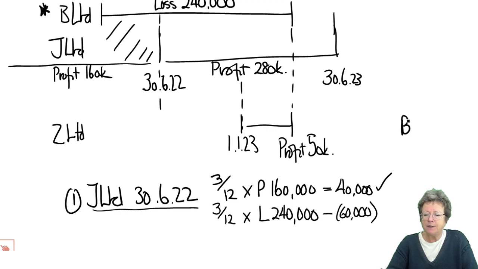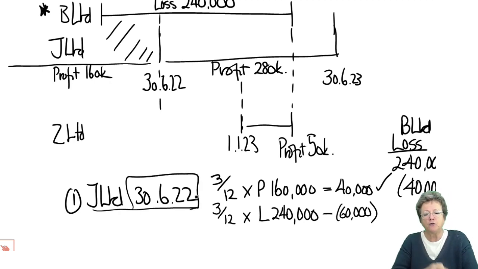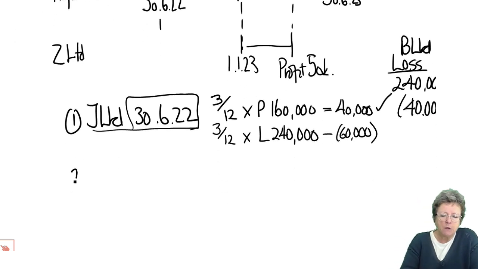So B Limited's loss was 240,000, yes? 40,000 can go to J Limited in this accounting period to set off against the £160,000 worth of profit, reducing it to £120,000. Okay, let's do it again.